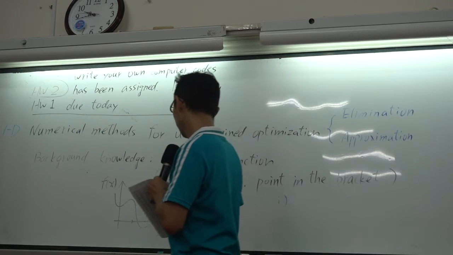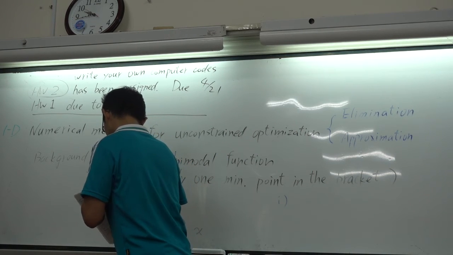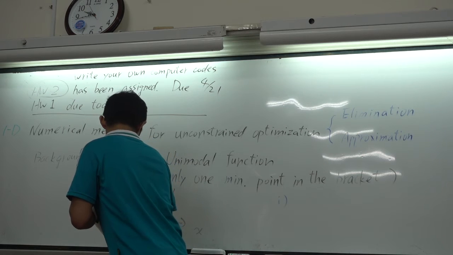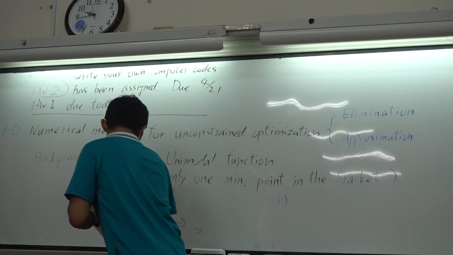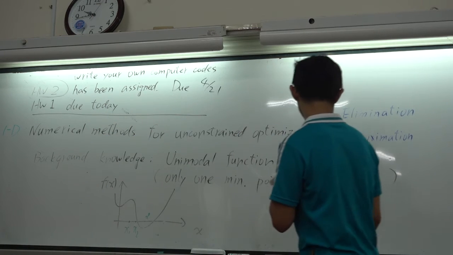Let's take a look at some nearby points. Suppose here is x1, here is x2, and there is x star.